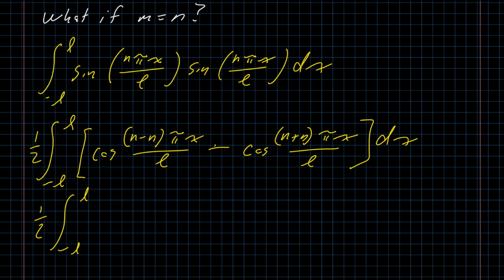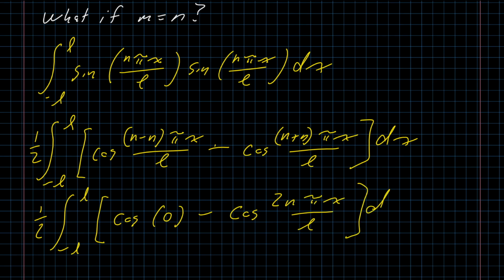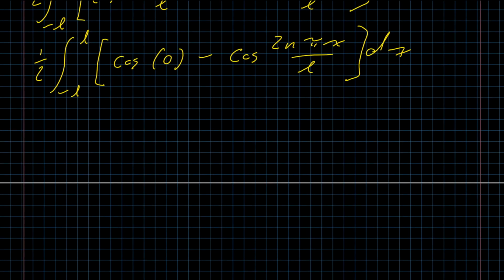N minus n is 0, so this first term is actually just cosine of 0. And then n plus n we can just write as 2n. And then from there, cosine of 0 is the same thing as 1.